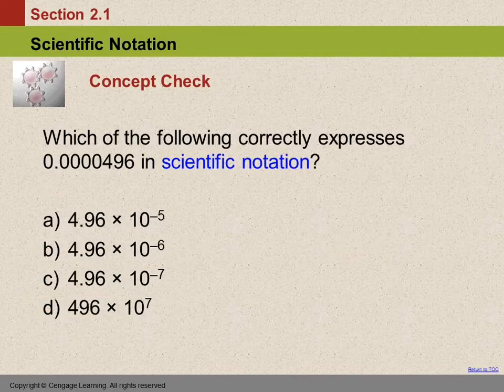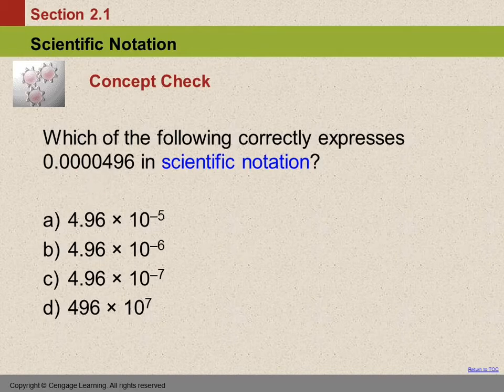Here's another one. Which of the following correctly expresses 0.0000496 in scientific notation? So how many places are we moving the decimal point? It's here, 1, 2, 3, 4, 5.